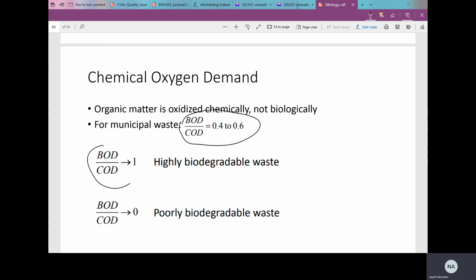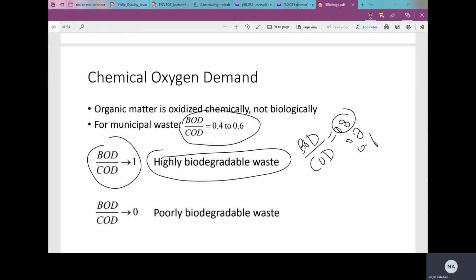If it is close to 1, like 0.8, 0.7, 0.6, 0.8 is very nice. I'm totally sure if you put sugar, it's going to be 0.8 or 0.9 because microorganisms love sugar. It's a very good glucose source. So if BOD over COD is close to 1, this is a good biodegradable waste.